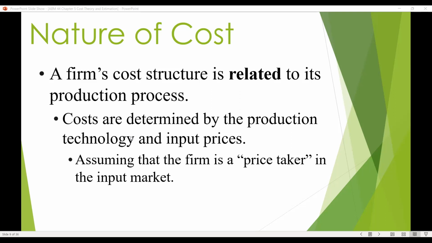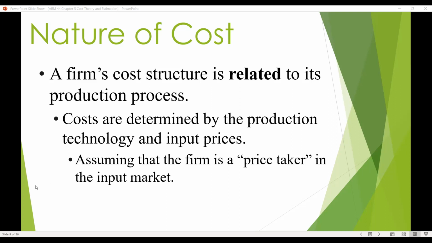The key aspects in the production function really affect the total amount of cost there is.